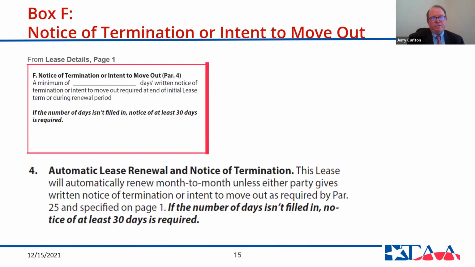So in this paragraph, most of you out there are using a 60-day period for giving a written notice to terminate or to move out. And this is at the end of the lease term or the lease renewal period, which if it's going on a month-to-month basis, then each renewal period is the new end date of the lease.